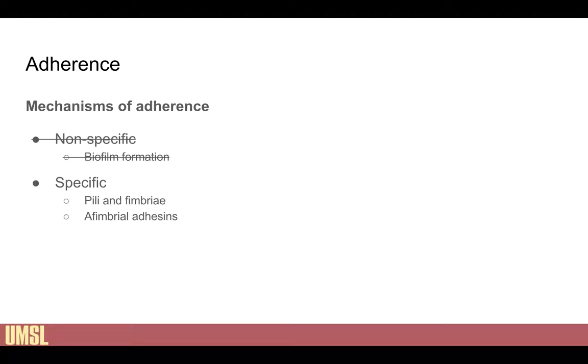All right, so there are obviously other modes of non-specific adhesion, but this idea of biofilm growth, I think, is the most pertinent for bacterial pathogenesis. What I want to move on to is talking about some very specific mechanisms of adherence.